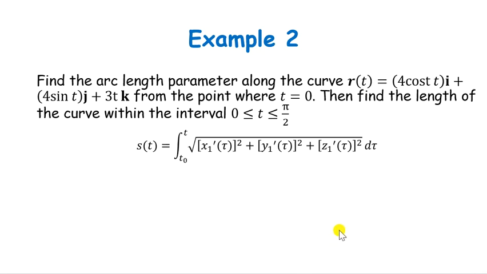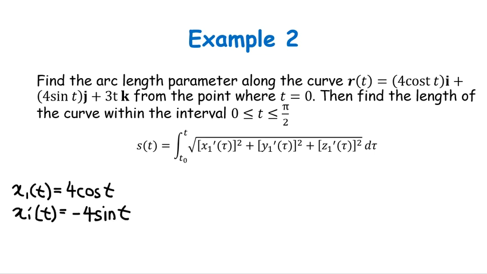If you look at the equation, you notice that we still need to find the derivative for the components of our vector curve. So we're going to do that first. For the component x1 of t, we have 4 cos t. If we differentiate it, we will get negative 4 sin t.